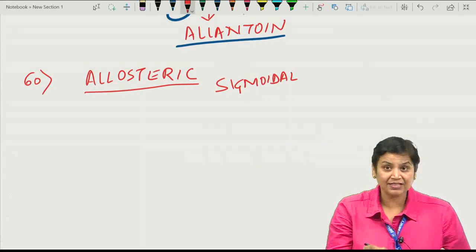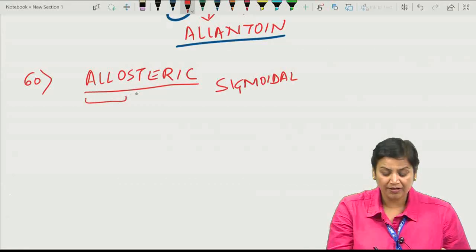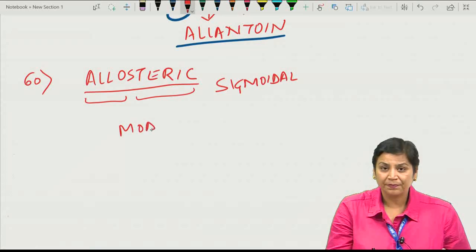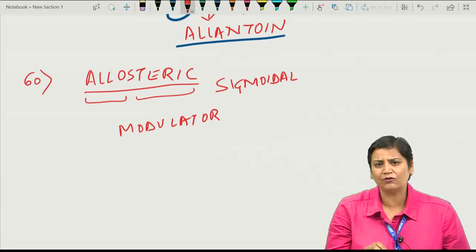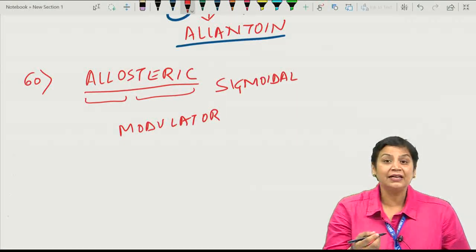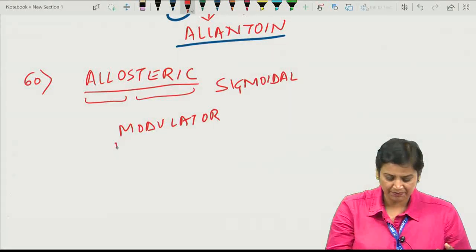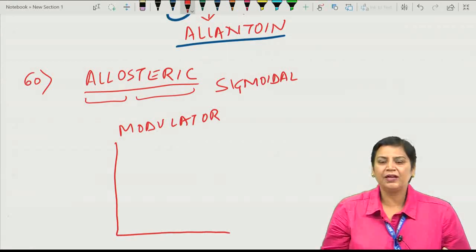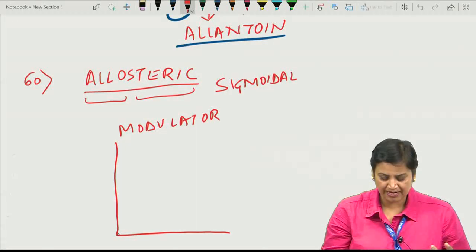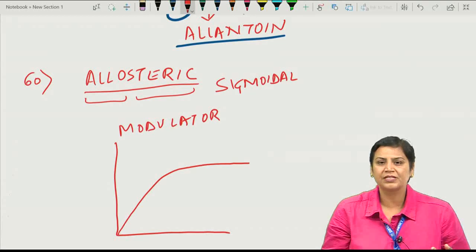See, as is clear from the word itself, allosteric means the modulator is binding to a site totally different from the active site of the enzyme, so that either it can increase the rate of a reaction or it can decrease the rate of reaction. See for example, if we take this graph, the concentration of the enzyme with substrate, it has a hyperbolic graph like this, a saturation state.